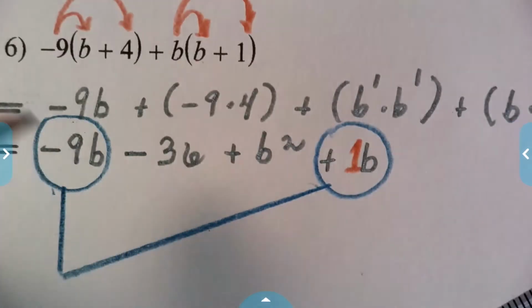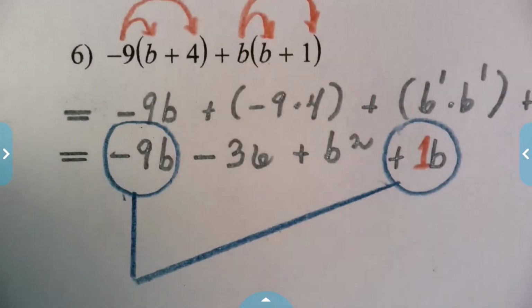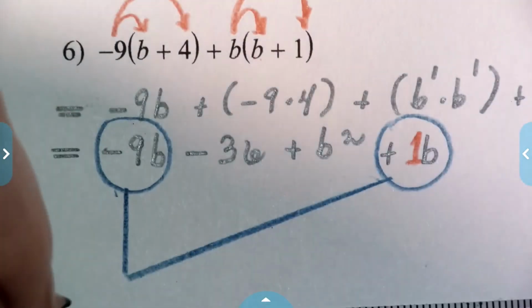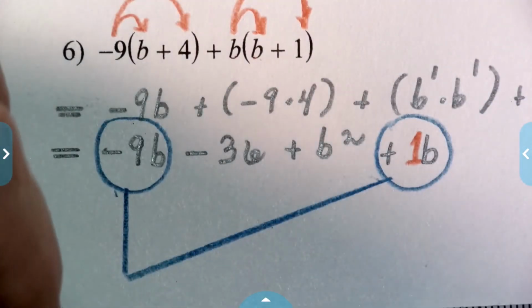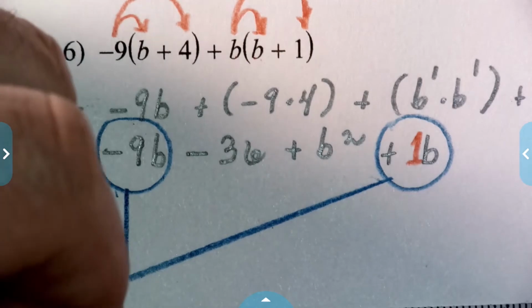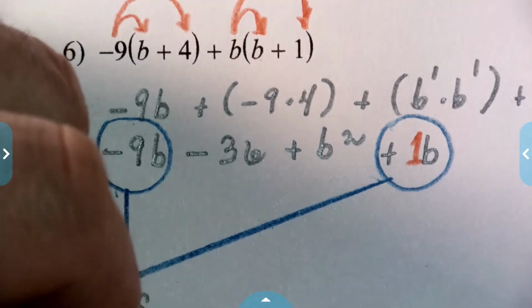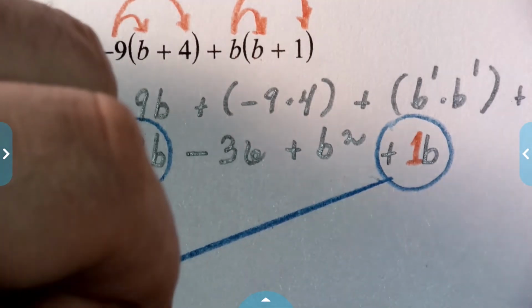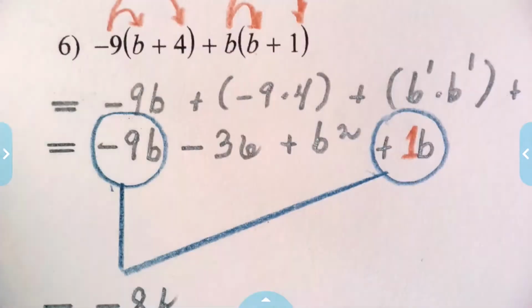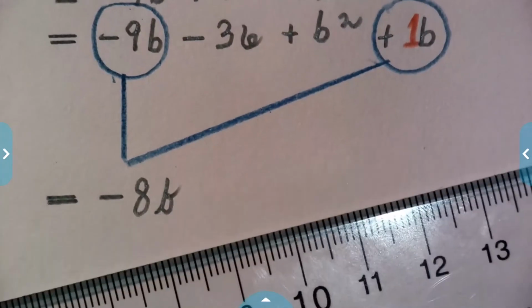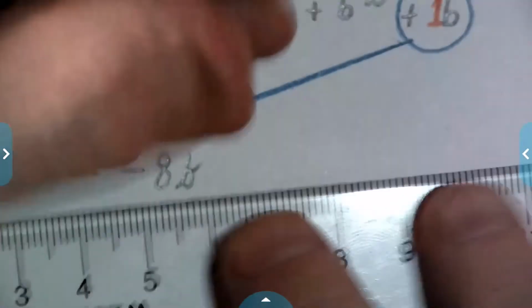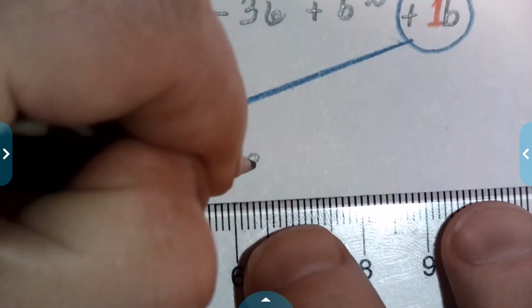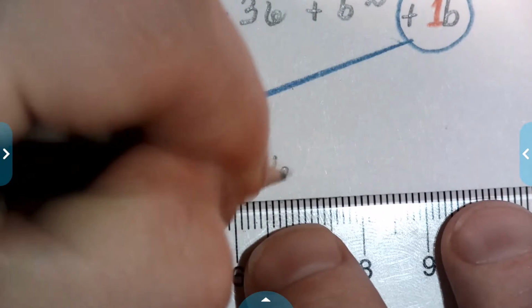You say, well, what's negative 9 plus 1? Negative 9 plus 1 is negative 8. So negative 9b plus 1b is negative 8b. Okay, negative 8b. And then we have the minus 36 plus b squared.